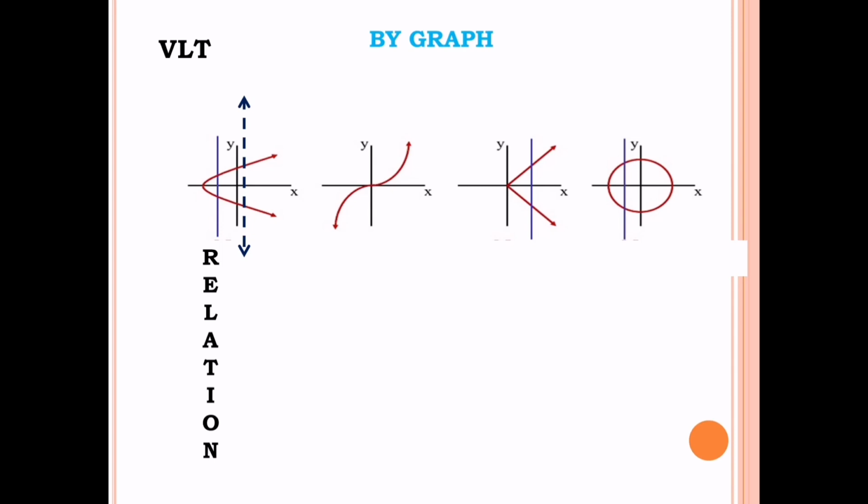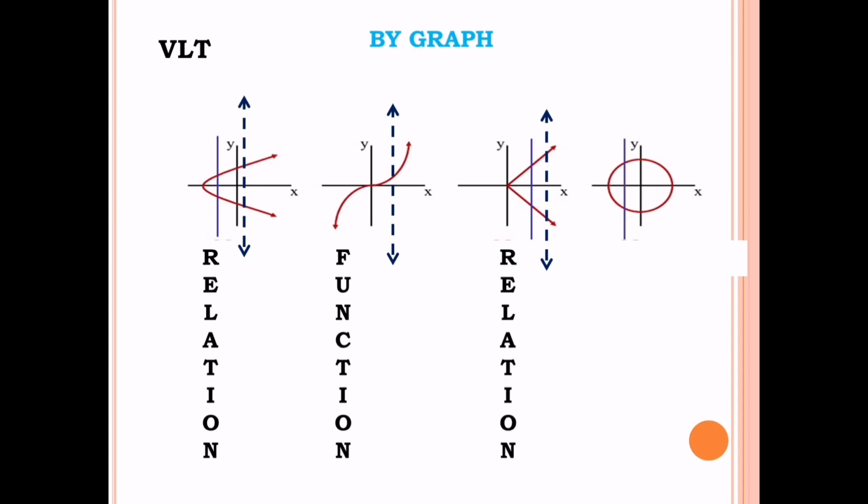Let us try to apply the VLT on the second figure. As you can see, the VLT intersects at exactly 1 point, so it is a function. On the third, we observe that the VLT intersects twice in the given figure, so it is a relation.